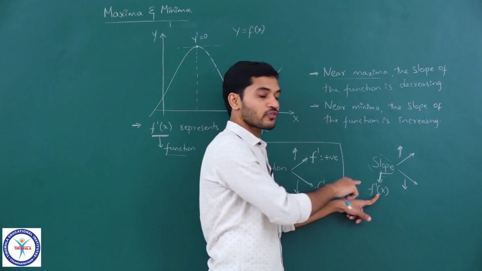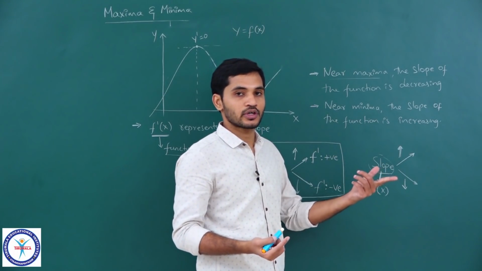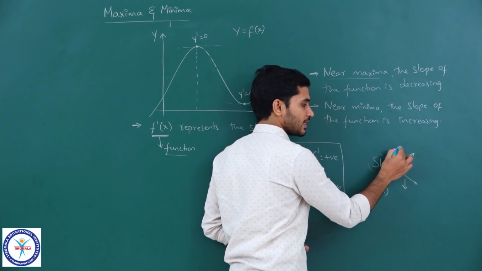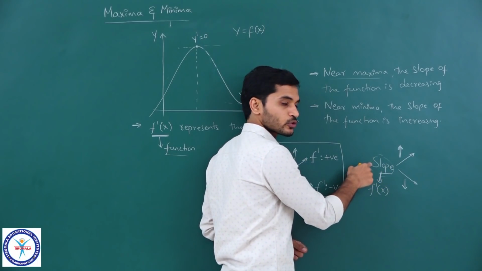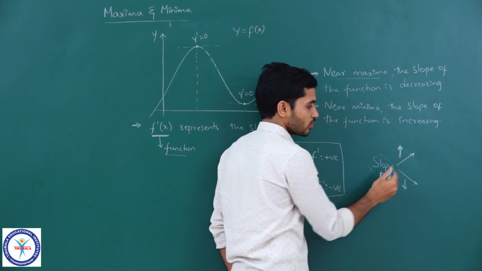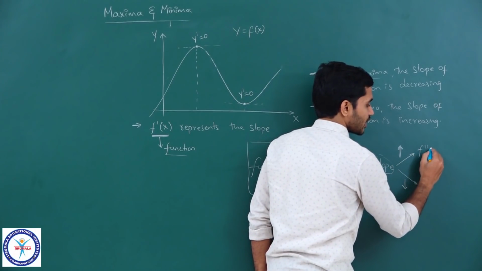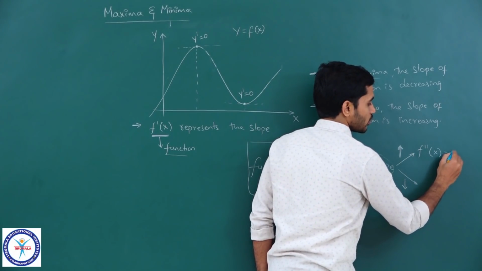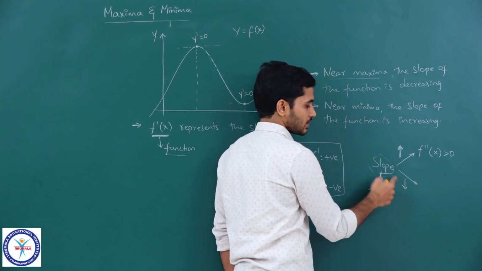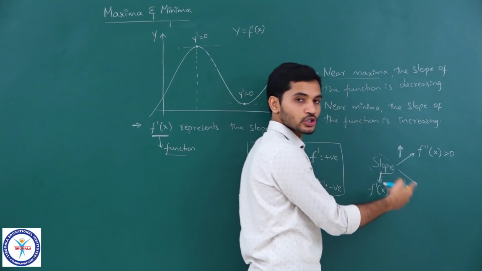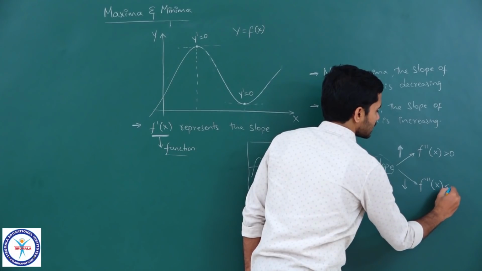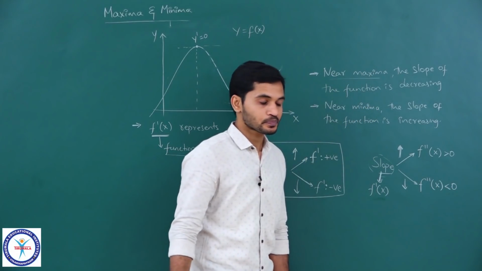What is the derivative of first order derivative? Second order derivative. So, please listen carefully. For slope to increase, the derivative of slope should be positive, which means f double dash of x should be positive, right. And for slope to decrease, the derivative of this should be negative, which means f double dash of x is negative. So, that is it, right.